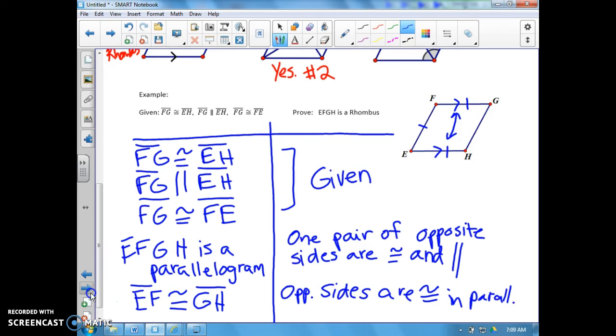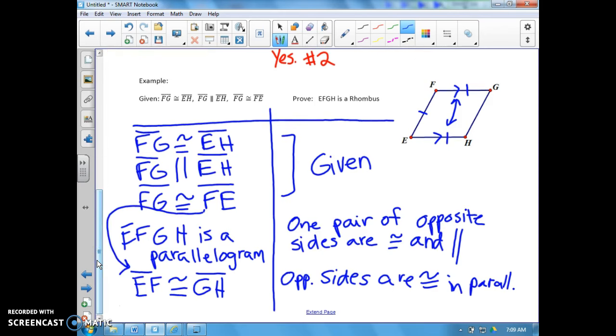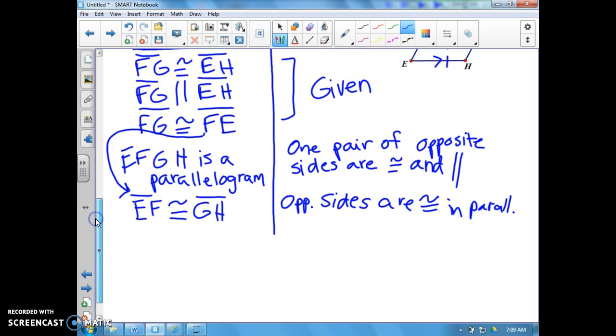Okay? And we already know that FE or EF right here is congruent to FG. So I can say that FG is congruent to GH by the transitive property.